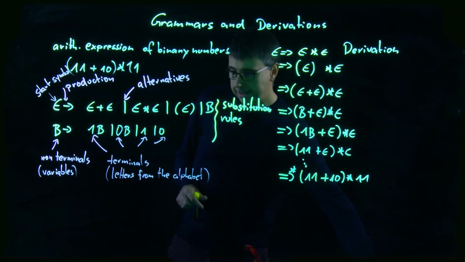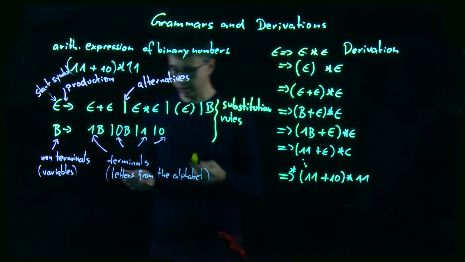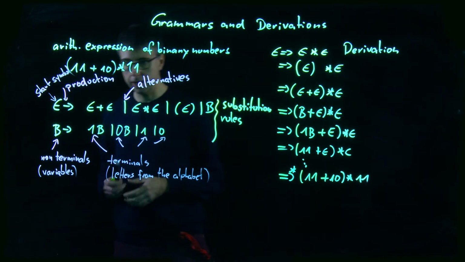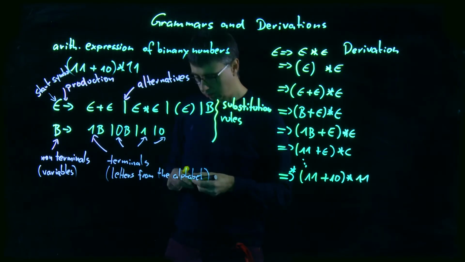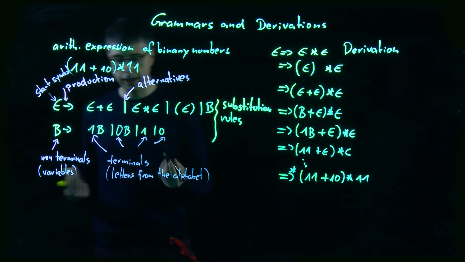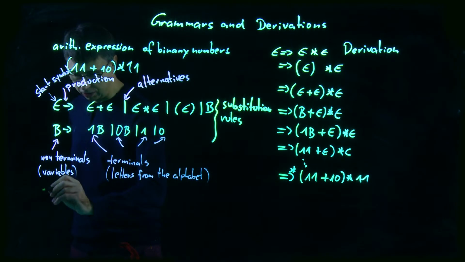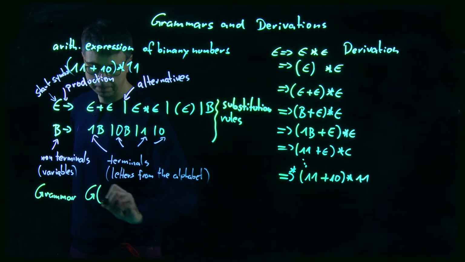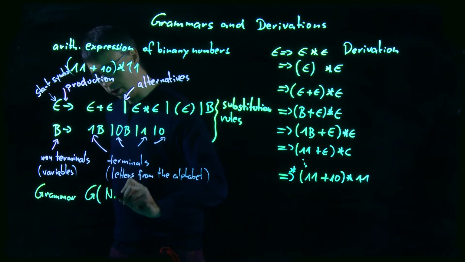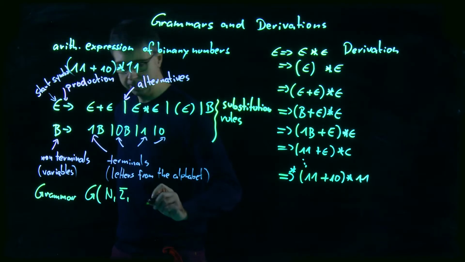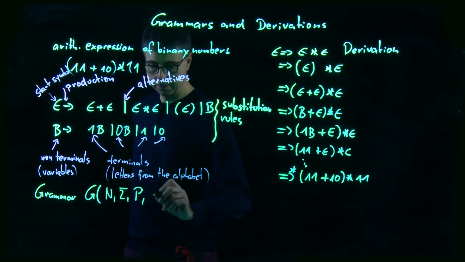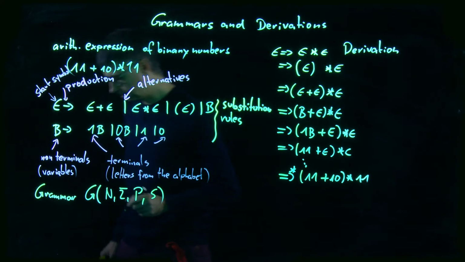Okay, so that's the general idea, and now we are ready to give a formal definition of a grammar, and we just take all the things we have found here and put them together in one four-tuple. So a grammar is G. It is a set of non-terminals, an alphabet, sigma, a set of production rules, and a start symbol.